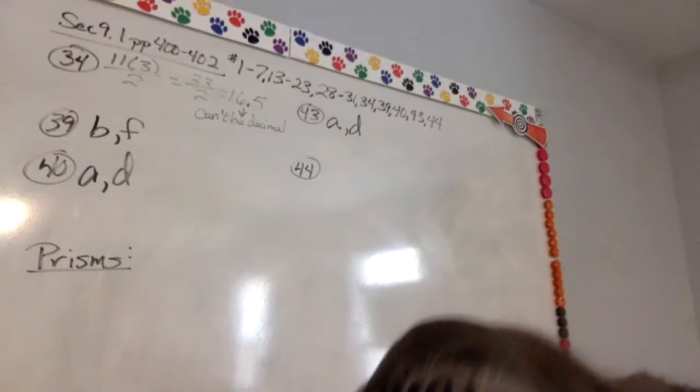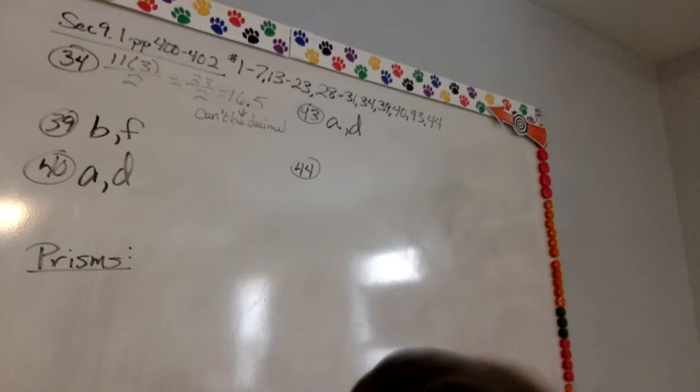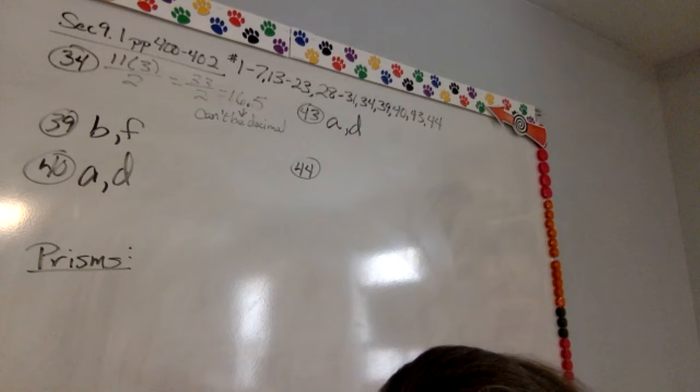And then for 44, it says, which of the following nets would form a right-handed die? A right-handed die. So that means the 1, 2, and 3 are kind of going clockwise when you put them together.